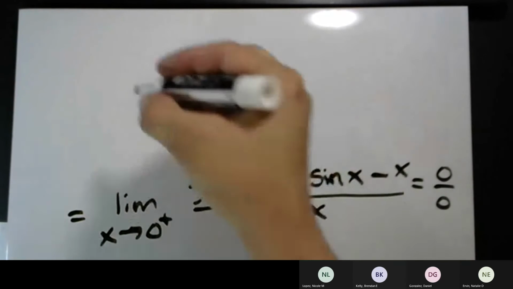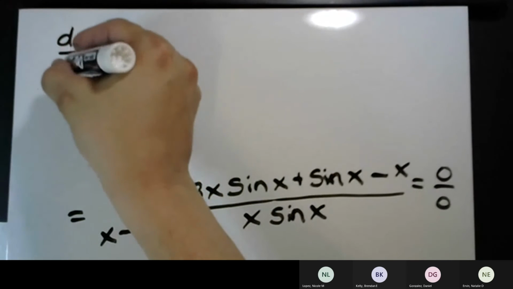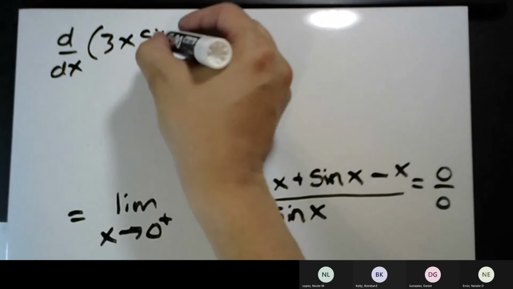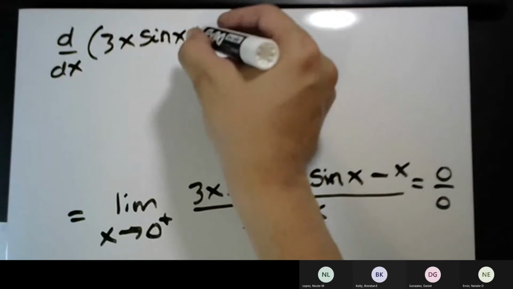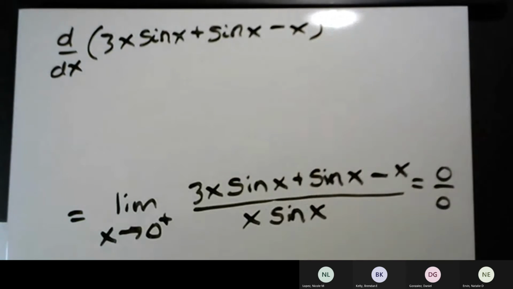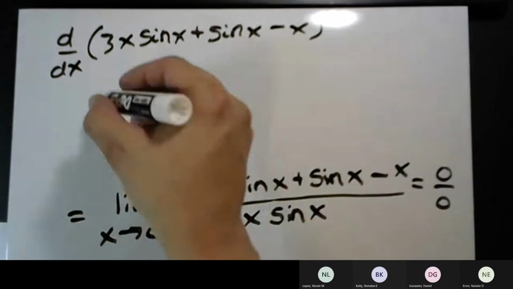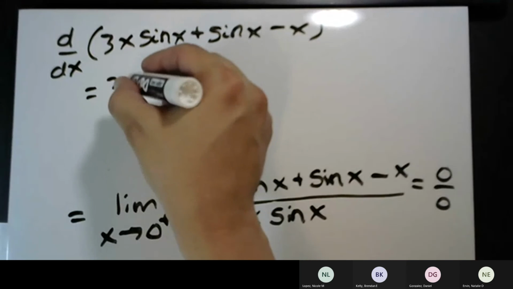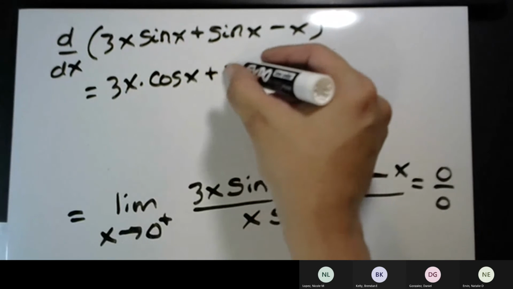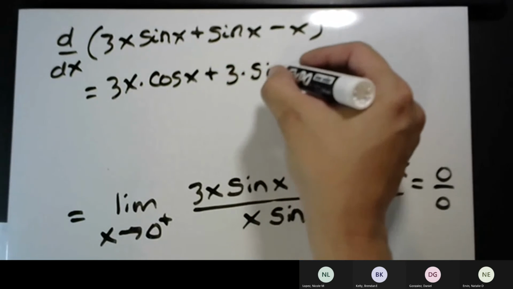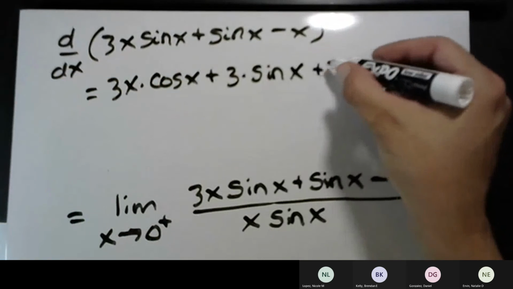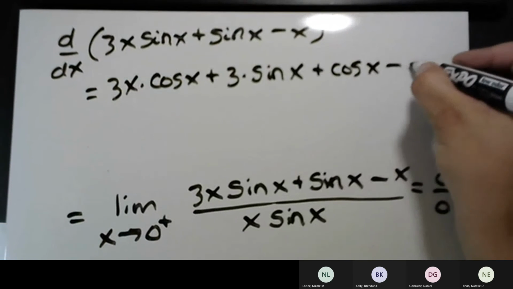All right. So again, we're going to take the derivatives of the numerator and the denominator. For this one, we're going to get a product rule: 3x times the cosine of x plus 3 times the sine of x. So the product rule right there, plus cosine of x minus 1.